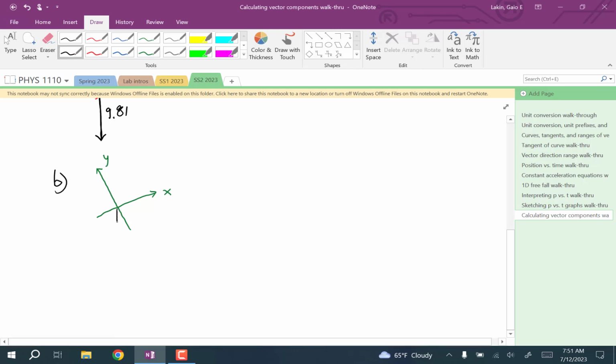Okay, so remember this vector just goes straight down. The magnitude is 9.81. And now pause the video and see if you can figure out the counterclockwise angle from the x-axis to this vector.